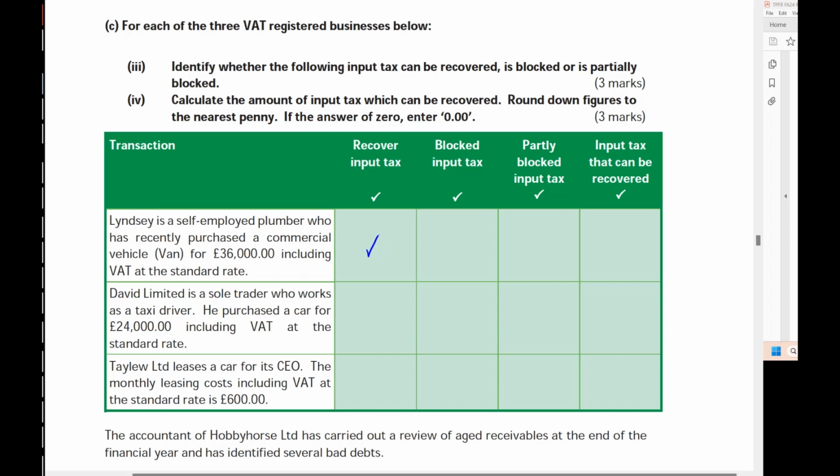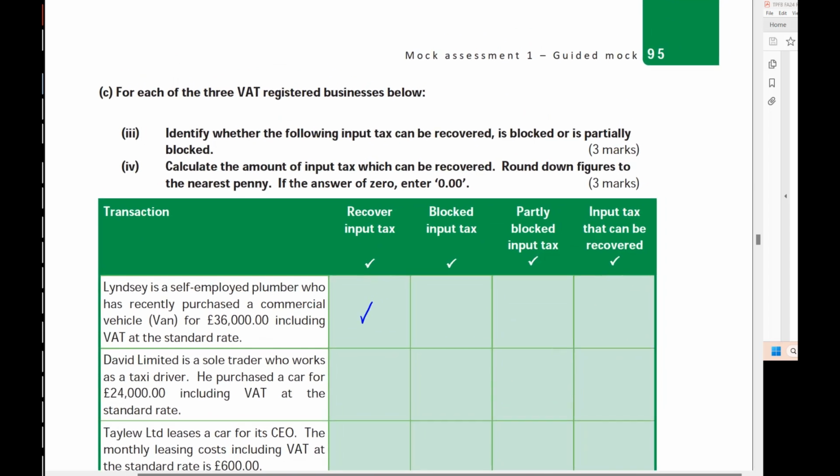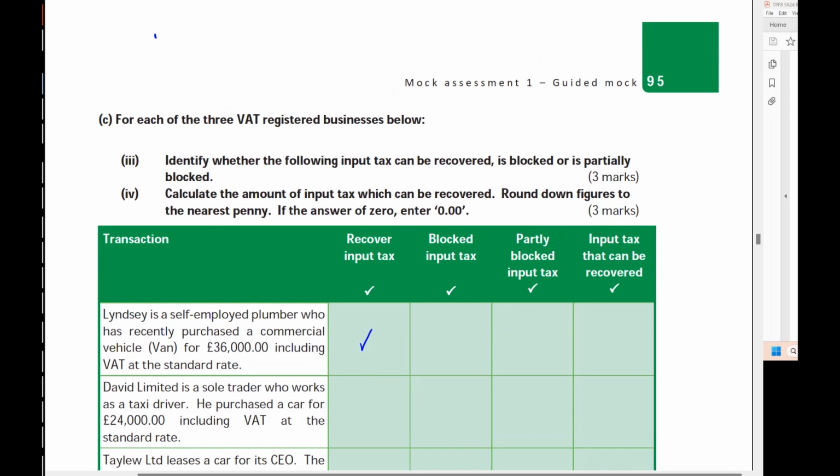So now I know that. How much VAT are we talking? Well, this is the VAT inclusive amount. So I would go back to my usual way of doing things. I'd say the net is always 100. If the VAT is 20%, it would be added on top. Gives me a gross of 120. 36,000 divided by 120, which will give me the value of 1 percentage point once it's in the VAT that can be recovered.